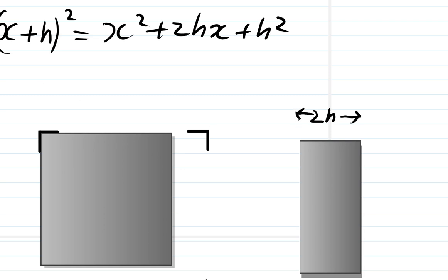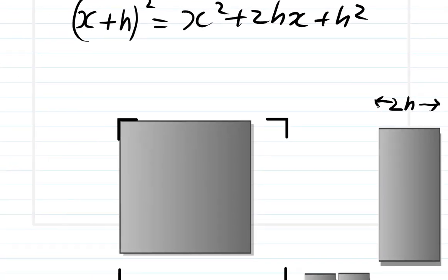By the way, this square, I said it, but I didn't label it. The width of this square is x. The height of this square is also x. So we go up.